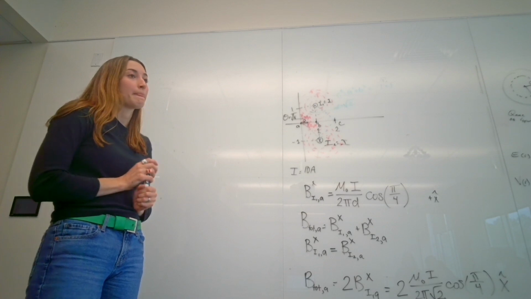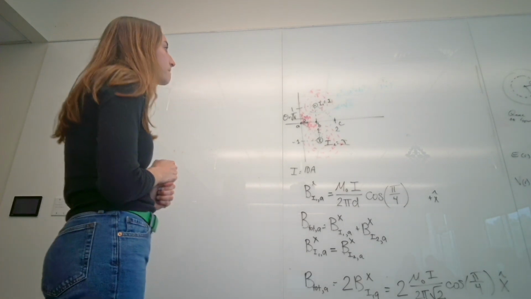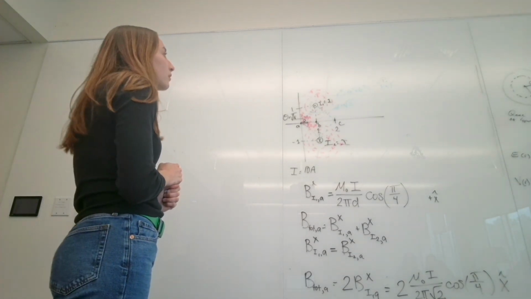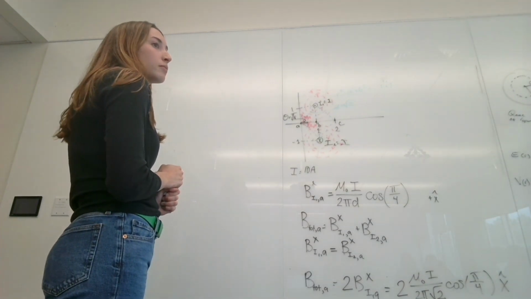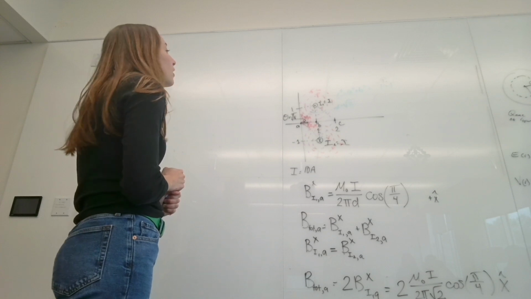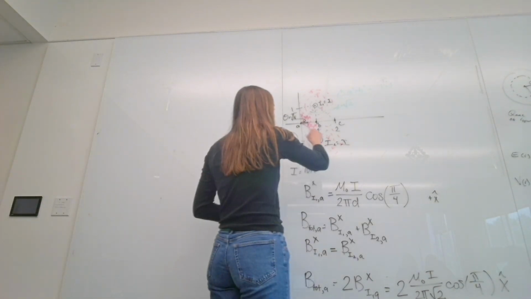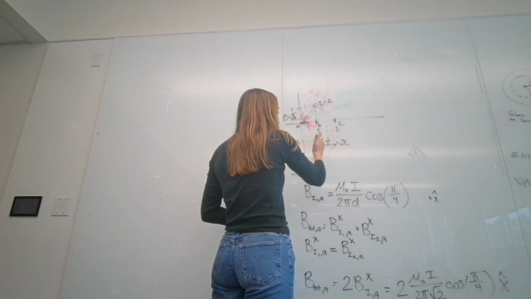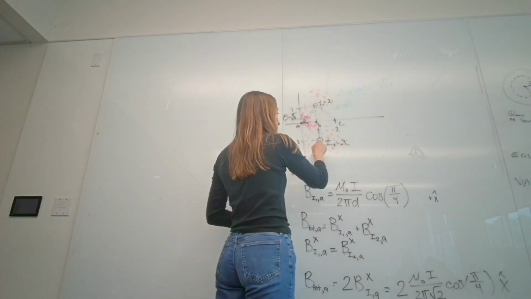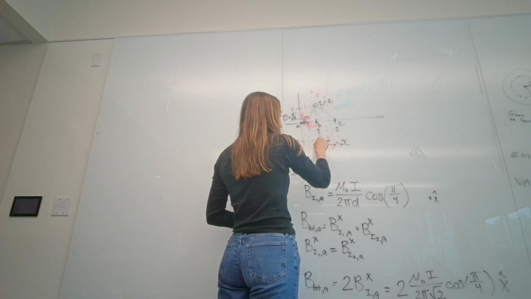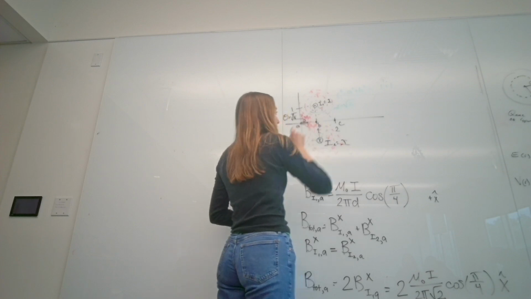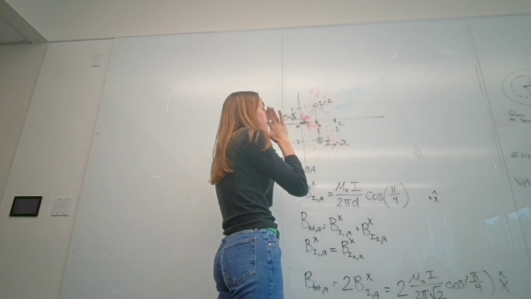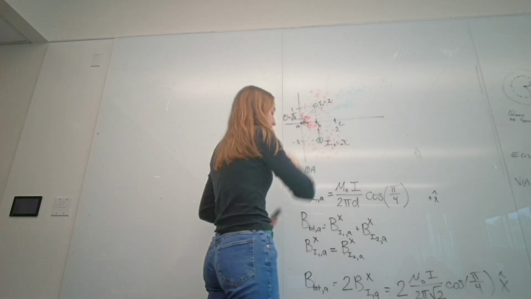Yeah. For B, it confused me that there was only an x component because intuitively it looks like it's just y. You know what I mean? Yes. So if you do what we did here, where we draw the radial distance between the wire and the point, the B field has to be perpendicular to that radial distance.